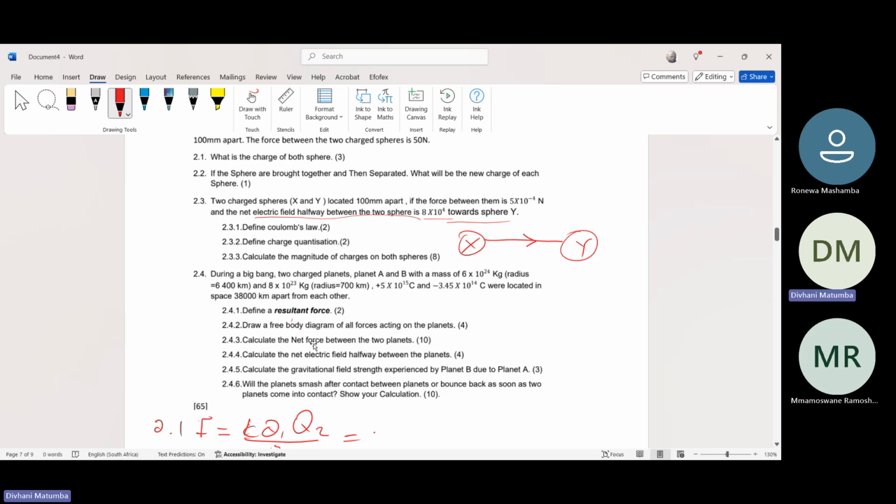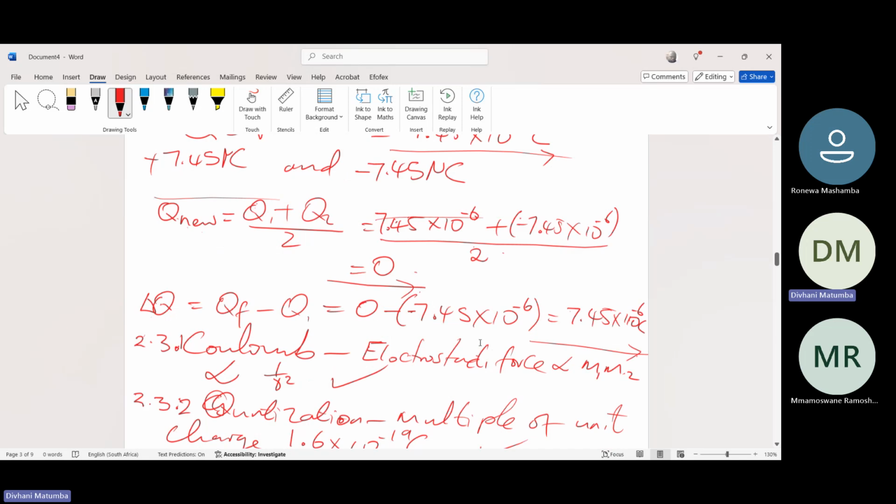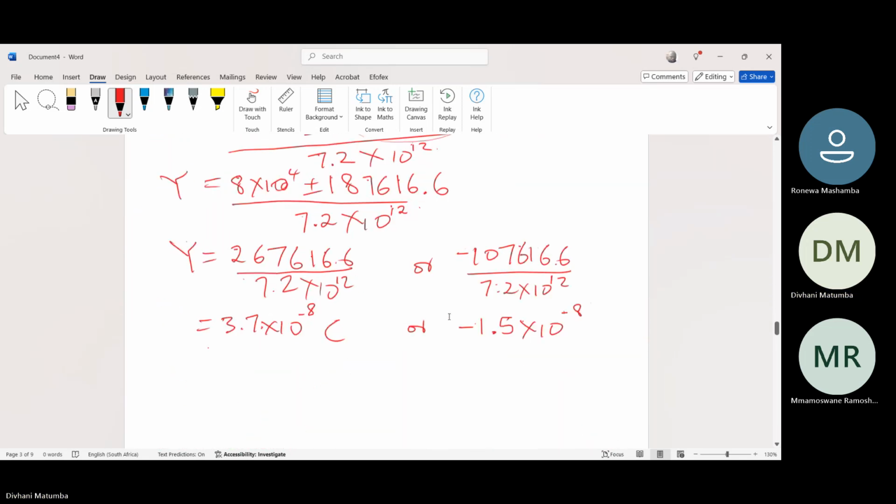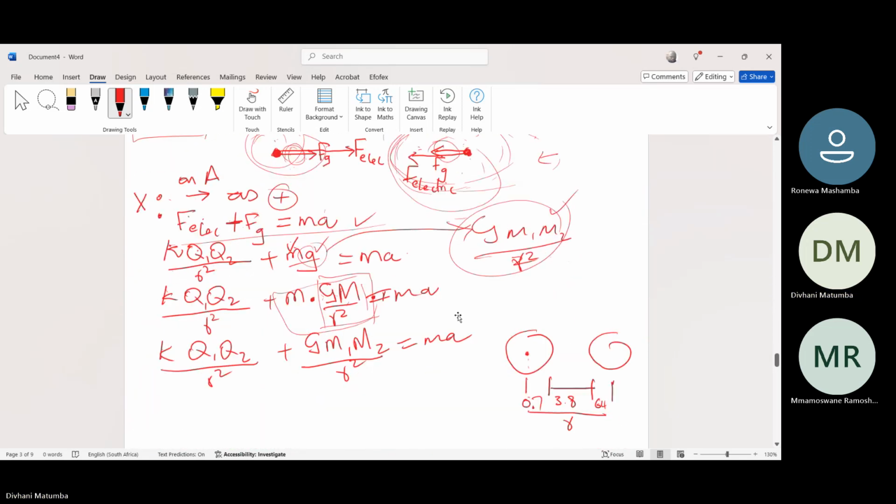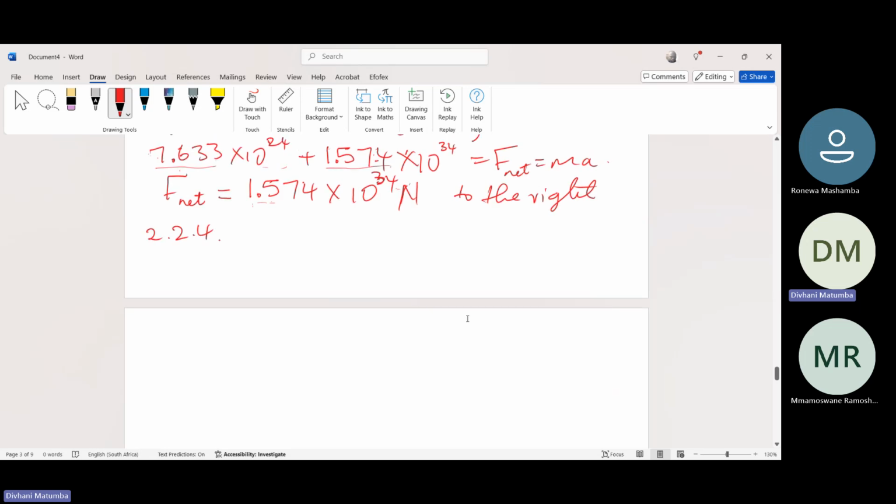2.4.4, it says, calculate the net electric field halfway between the planets. So, Ronewa, what will be the formula of calculating the net force halfway between the planets? So not the net force, the net electric field halfway between the planets.